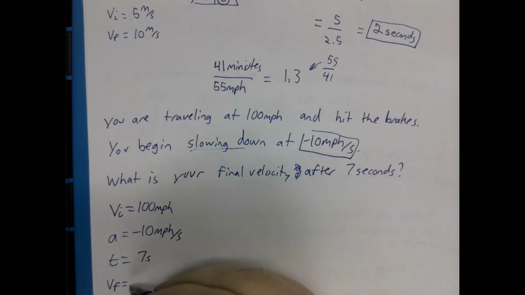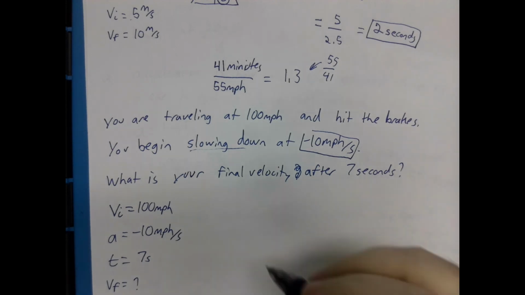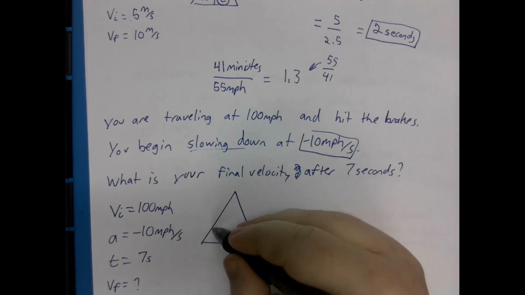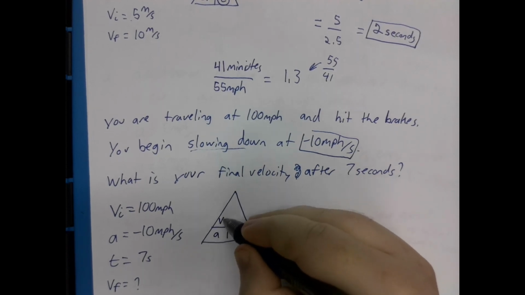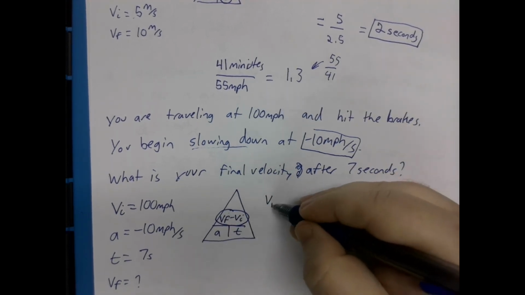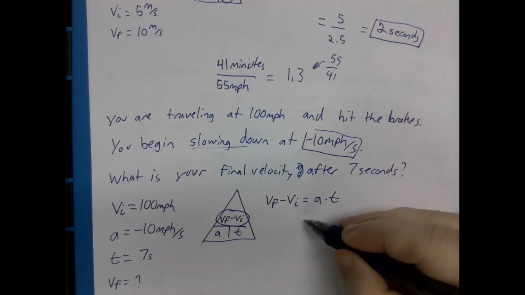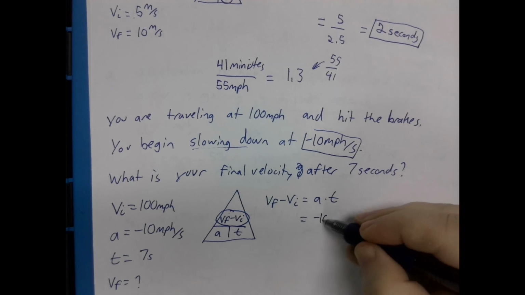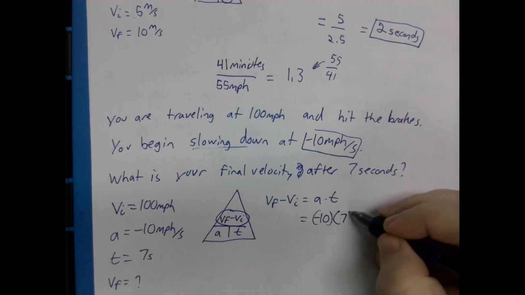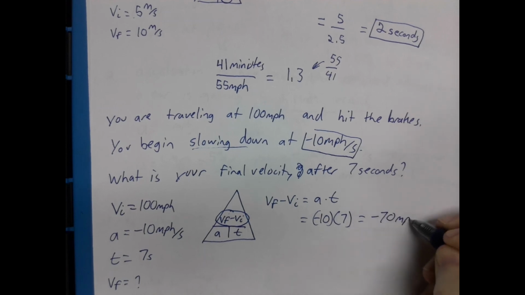In order to find your final velocity, you need to see how your speed has changed. So you will first solve for your change in velocity. Change in velocity is equal to acceleration times time. So that would be negative 10 times 7 seconds, so negative 70 miles per hour.